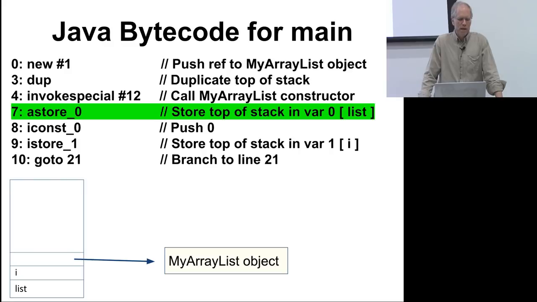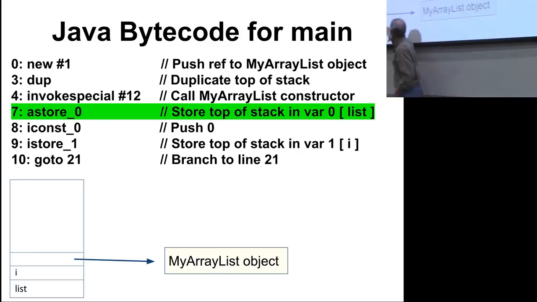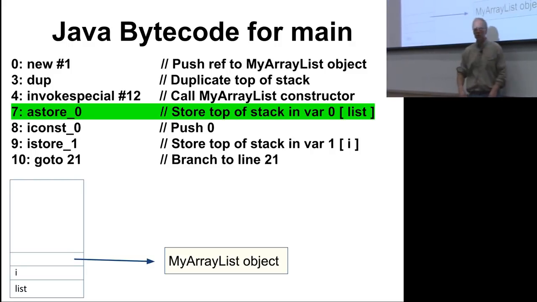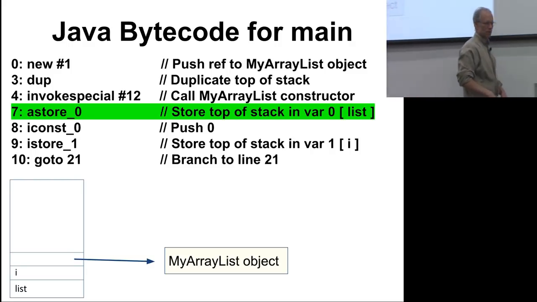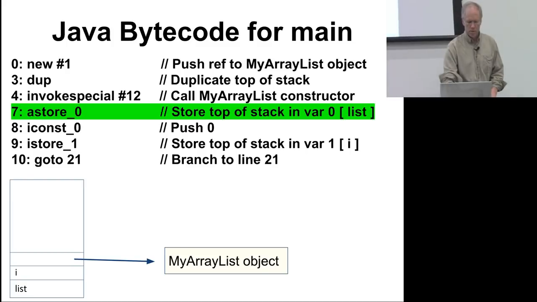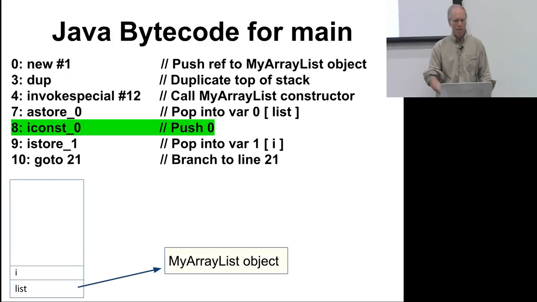I'm saying list just to help us understand what's going on. The Java virtual machine isn't looking at variable names. It just says, take what's stored here and put it down there in location 0. So it pops the thing on top of the stack and shoves it into variable 0.